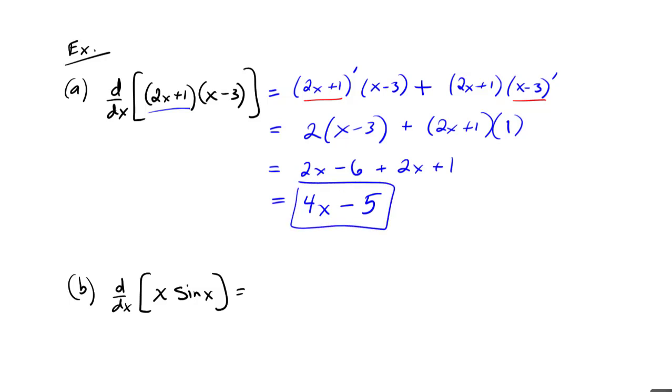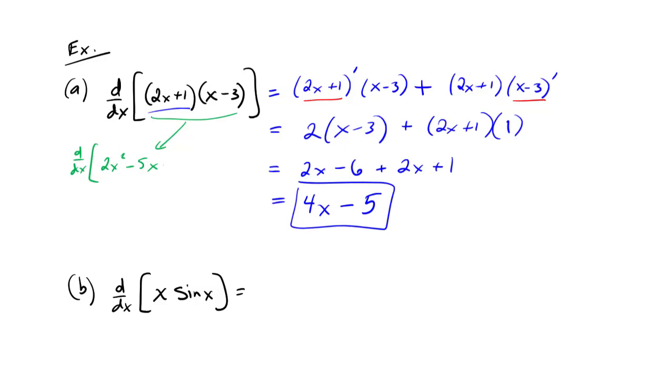Okay. Now, this happens to be one we can check if you're not buying this. If you're not believing that this is working, let's check by instead multiplying this out first. So if I FOILed that out, that would be 2x squared. Then I'd get a minus 6x plus 1x is a minus 5x.